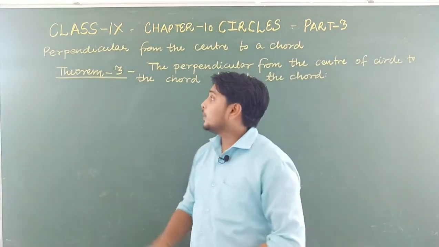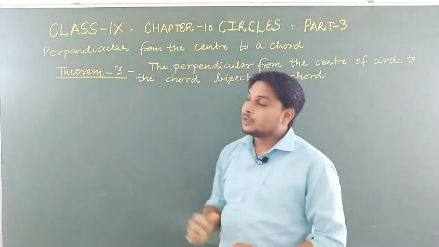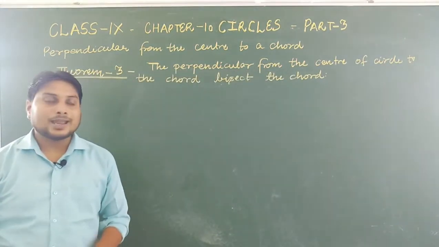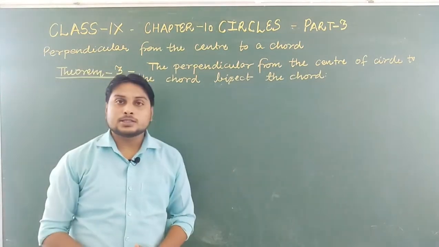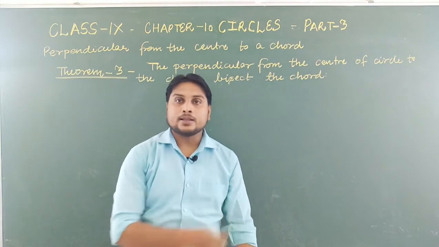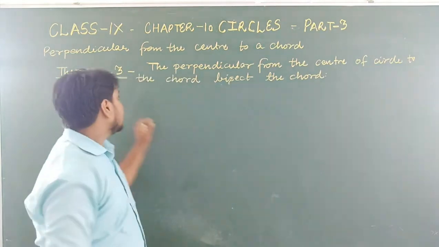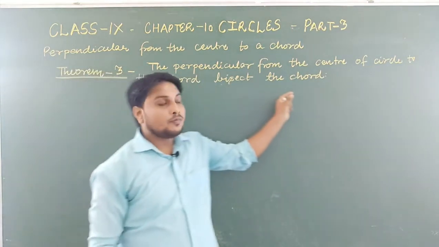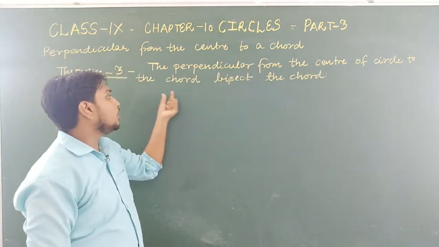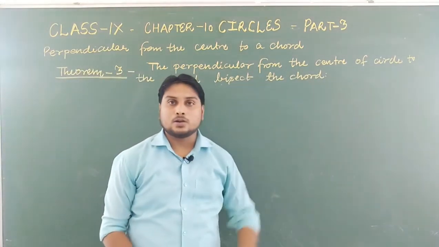Students, the next topic is perpendicular from the center to a chord. In this topic we'll see theorem 3 of NCERT, and the theorem is: the perpendicular from the center of a circle to a chord bisects the chord.